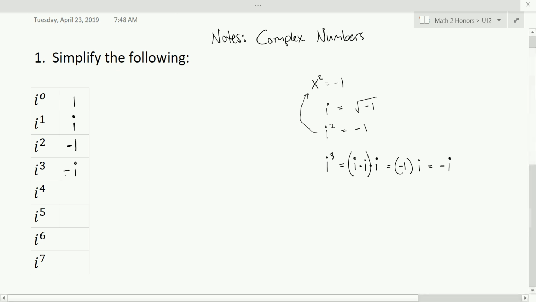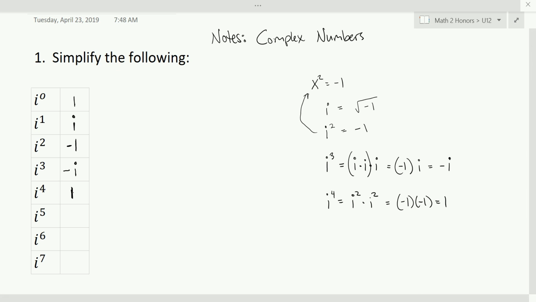How about i to the 4th? Which is? It's 1. So i to the 4th, one way to think about it is i squared times i squared, and that's -1 times -1, which is +1. i to the 5th is i.